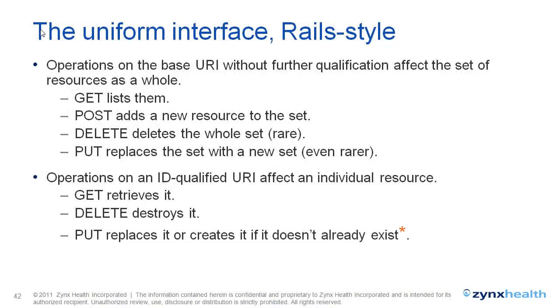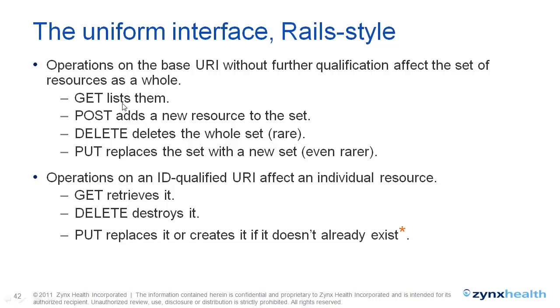In Rails, a set of resources is represented by a base URI, or a URL if you will, where you're adding identity information onto the path of the URL to identify individual resources, but a whole set of related resources have this base URI, which, if you GET it, lists the resources. So a GET operation on the base URI representing a set of resources lists them all.